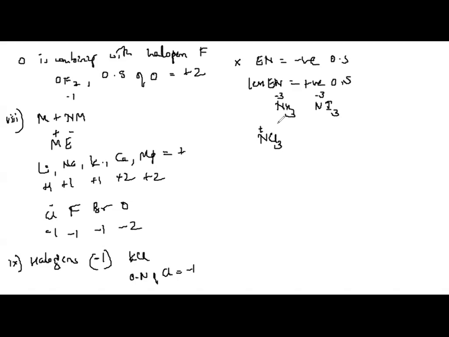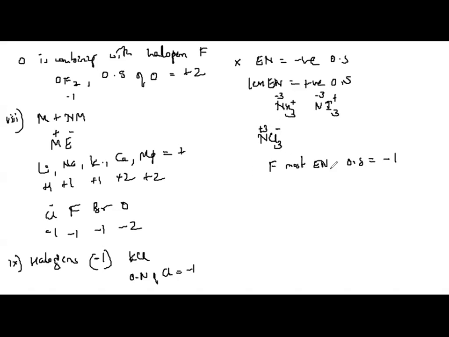So this becomes plus, nitrogen, this becomes minus. Understood? So here hydrogen will have plus, but with chlorine, nitrogen will have plus and chlorine will have minus.